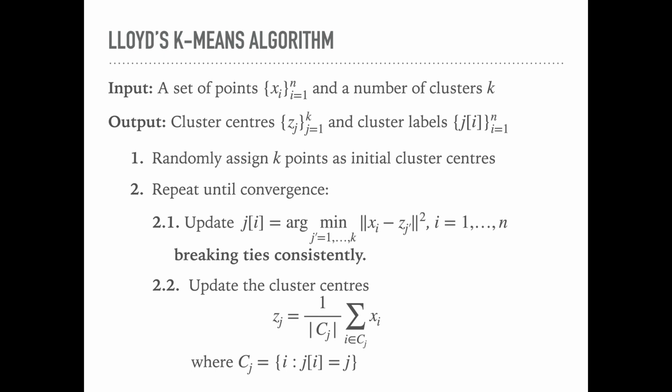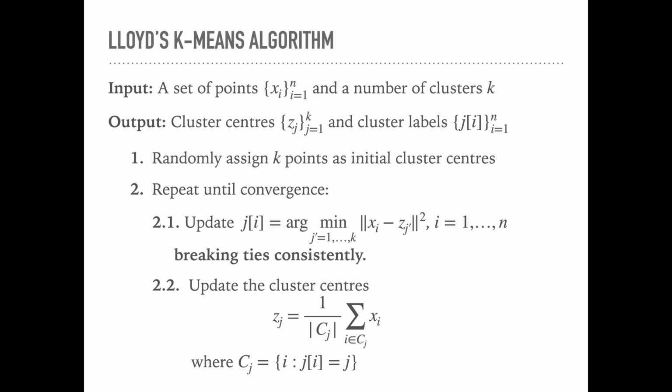Well, in the unlikely event that a point is equidistant from two cluster centers, so there are multiple possible values of j that minimize that squared distance, then the algorithm should always choose the same one. This turns out to be extremely important for this algorithm to converge. The typical way that you would implement this is you would pick the smallest j that minimizes that squared distance.